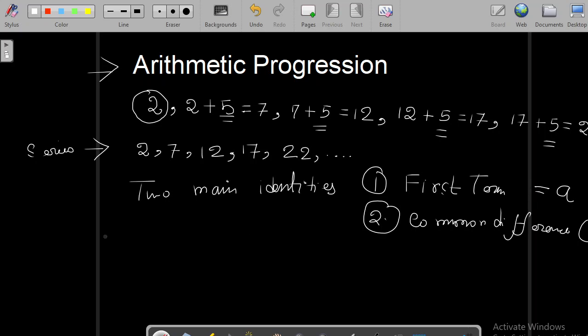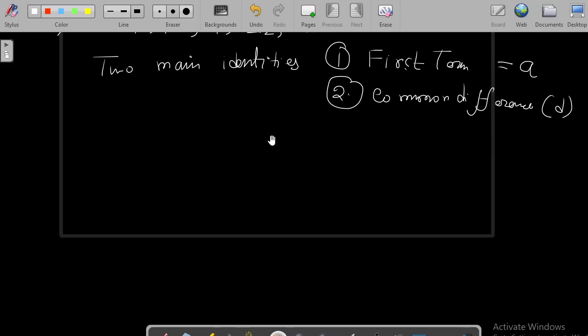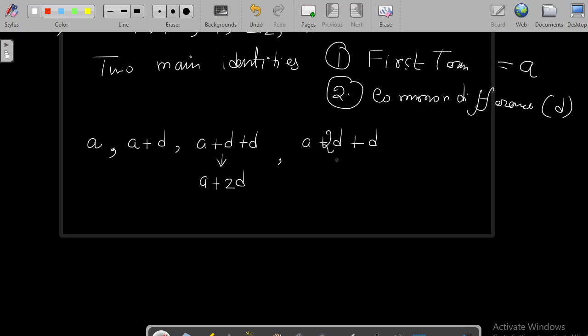So the AP becomes a series. If we talk about the formula, the first term is A, the second term is A plus D, the third term is A plus 2D, and then we add again D and it becomes A plus 3D, and the next term is A plus 4D, and the next A plus 5D, and so on.